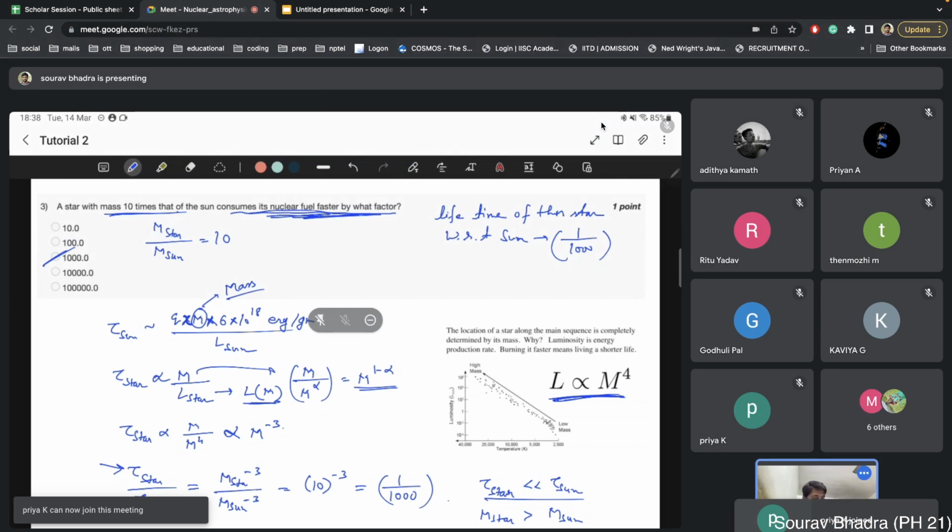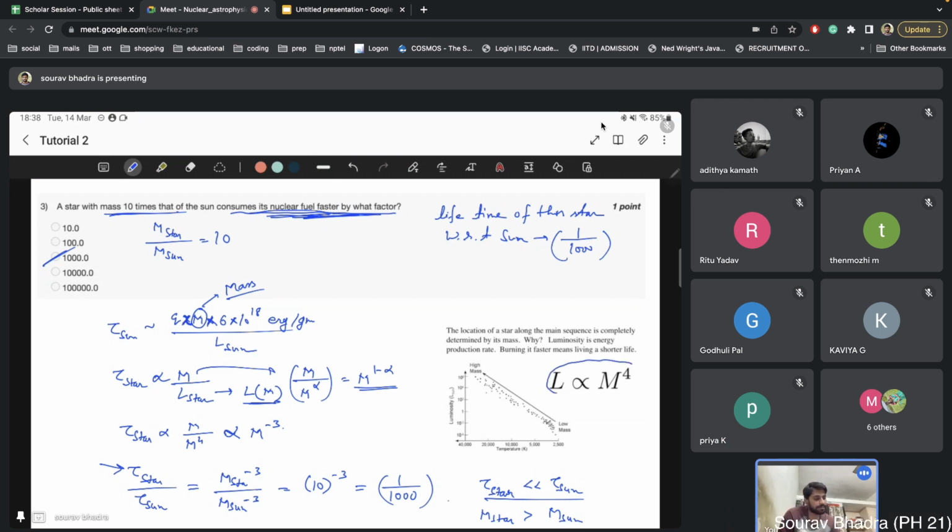Now I will briefly give you a small idea. You have seen in the lecture, sir has also told that L varies as m to the power 3 by 5. Here I am using m to the power 4. So all these are empirical. We have not proved anything by theory yet, but I will try to give you some idea from where it is coming, that L is proportional to m to some power.